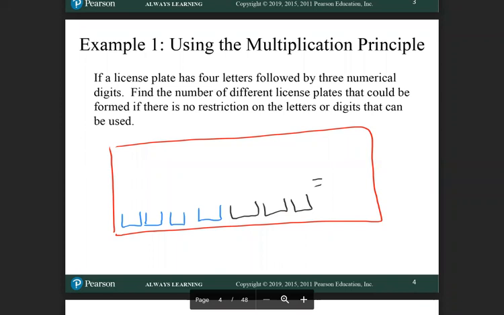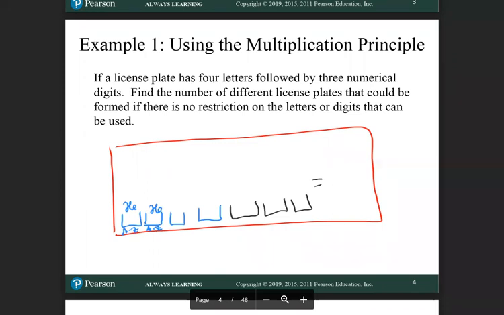Okay, now when I'm looking at my letters, I'm choosing from the entire alphabet. So I'm choosing from A to Z. There are 26 letters in the alphabet. In my second one, I can use, again, any letter of the alphabet. So that's, again, 26 options. Now, if I couldn't use the letter that I used before, it would have gone down the way that the one we did in class did.